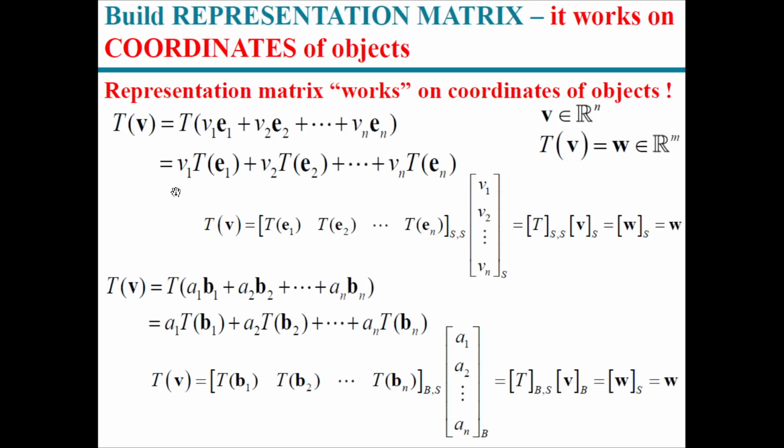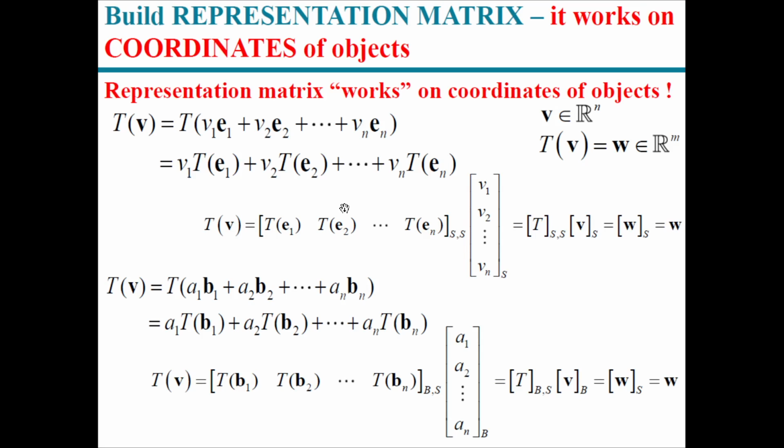So now, if I apply the linear transformation to the vector V in question, when I express it in the standard basis, this is what I get, and then I apply the linearity of the linear transformation and I get this.